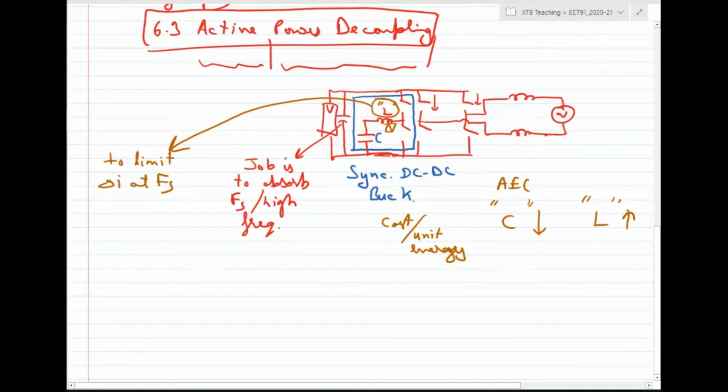So again, we use a very small value of L. Whatever this synchronous buck converter absorbs and gives back in energy, if it is absorbing energy, it should have some element which will absorb that energy. So that is this capacitor C at the end of the day.